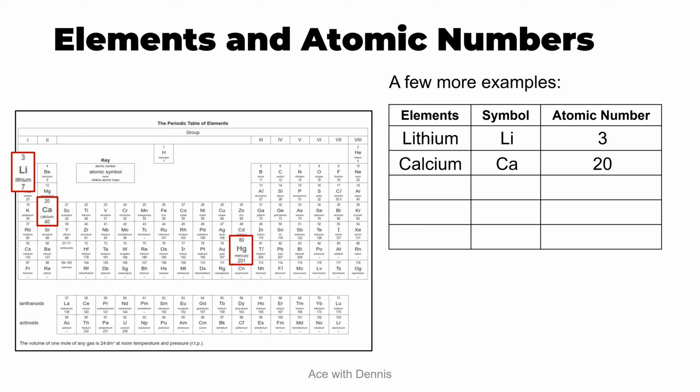Next, mercury, symbol is Hg and the atomic number is 80. Followed by carbon, symbol is C and atomic number is 6. Let's take one more element, oxygen, symbol O and atomic number is 8.